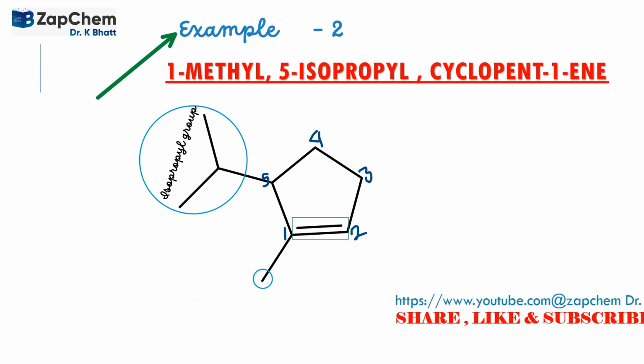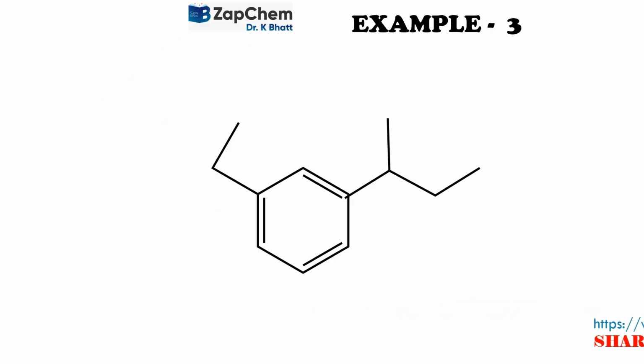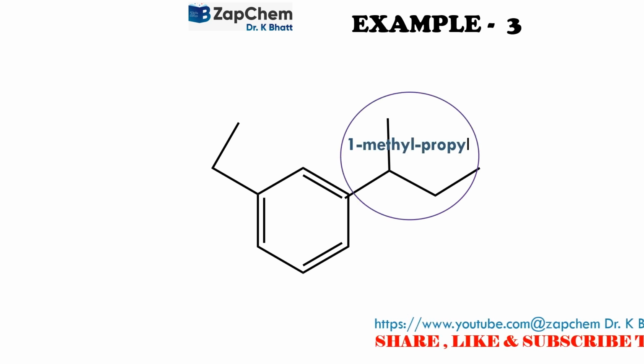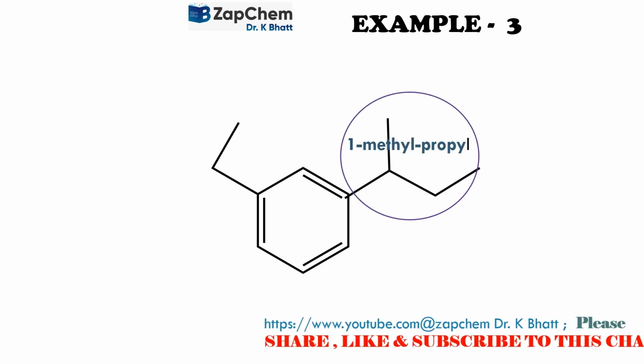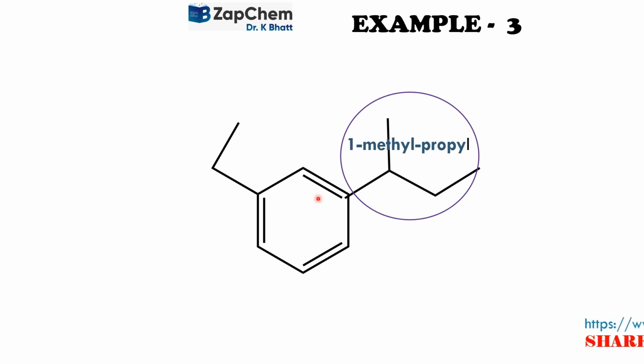Okay, let us take up another example. The third example again represents a ring which represents benzene only.